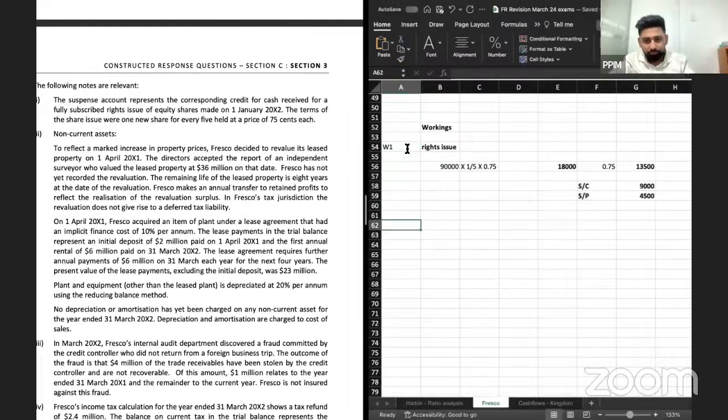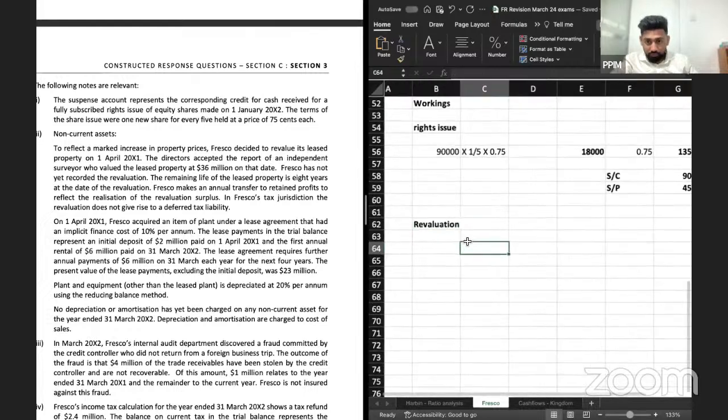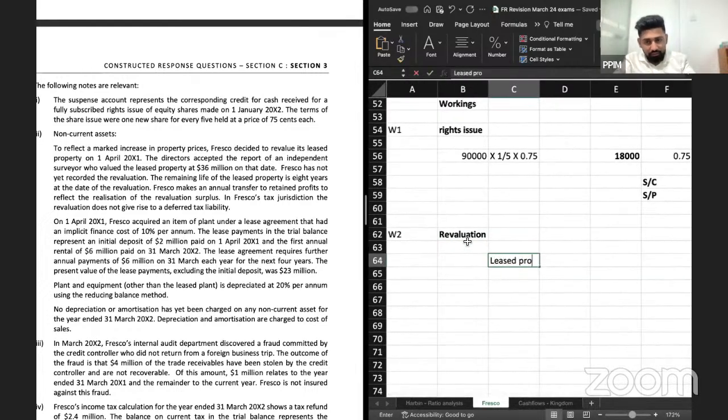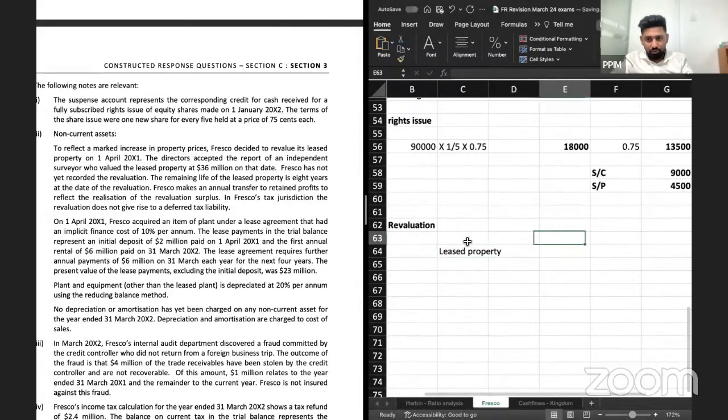Nothing to worry. Working two, revaluation. Okay, what's happening? You are revaluing your leased property. So we come down, leased property revaluation. So two things. You have your fair value.